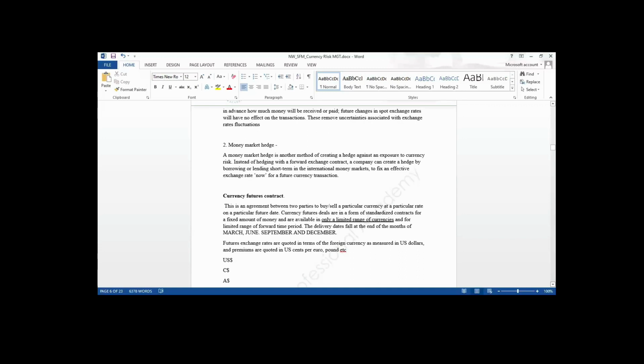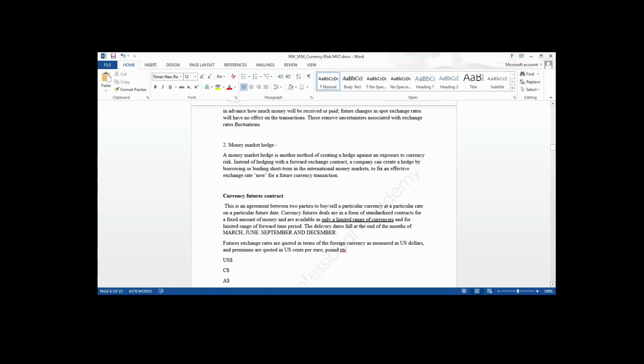Now, you are going to fix the exchange rate now for a future foreign transaction. How does this work?